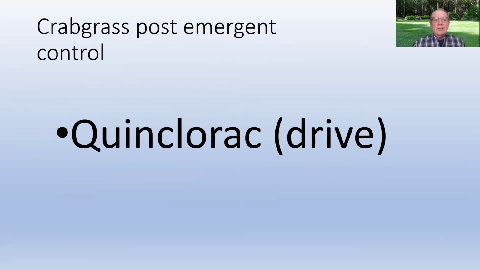As we have used in previous years, we are going to continue to use Drive or quinclorac to do post-emergent control on crabgrass. It's a good product. It seems to work better as they improve it year after year, and is relatively effective so long as you get to the crabgrass early.